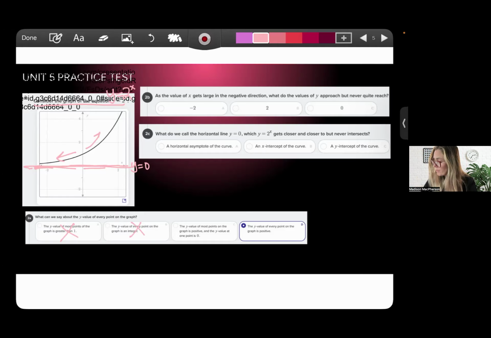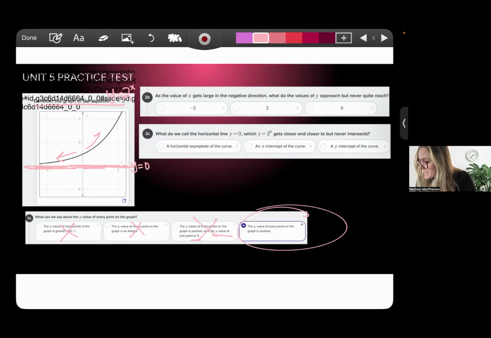The y value of most points on the graph is positive, and the y value at one point is 0. The y value at one point is 0. Okay, we are never ever going to touch where y equals 0. So that one is not true. That leaves us with the last one. The y value of every point on the graph is positive. That is the one that is true.